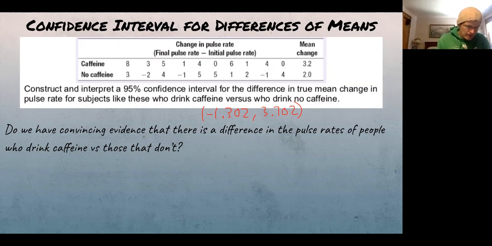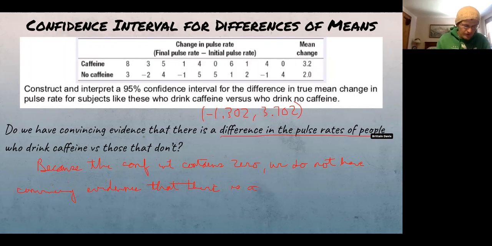I will say, because the confidence interval contains 0, we do not have convincing evidence that there's a difference, and here's where I'm just going to copy this from the question, that there is a difference in the pulse rates of people who drink caffeine versus those that don't.